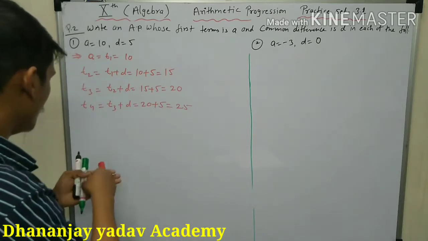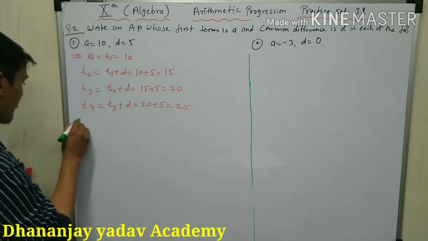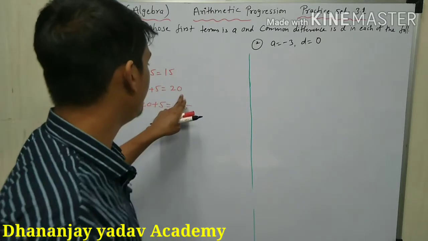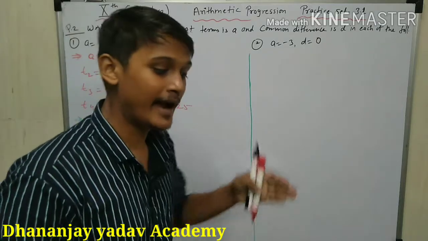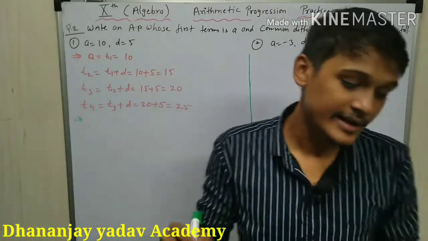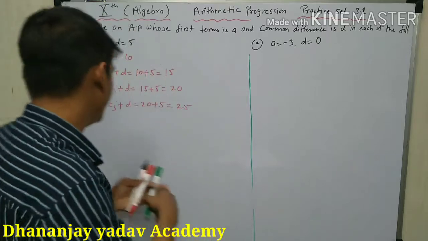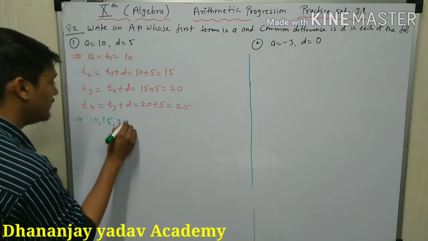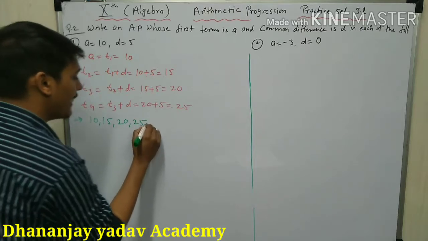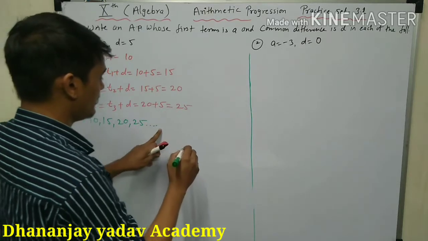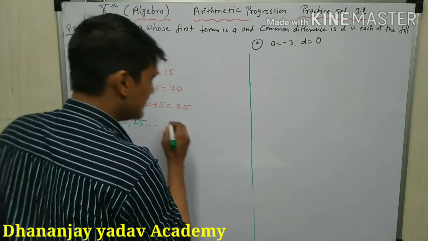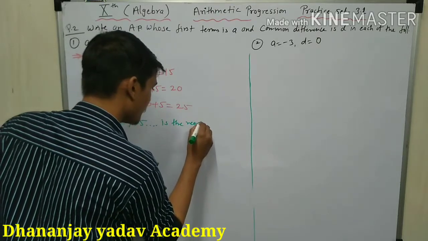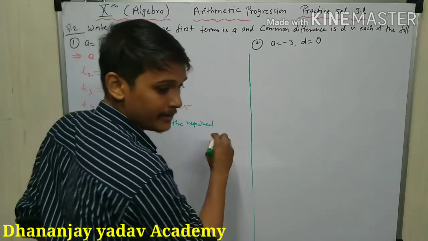Clear? Now you can write down here: 10, 15, 20, 25, dot dot dot is the required AP.